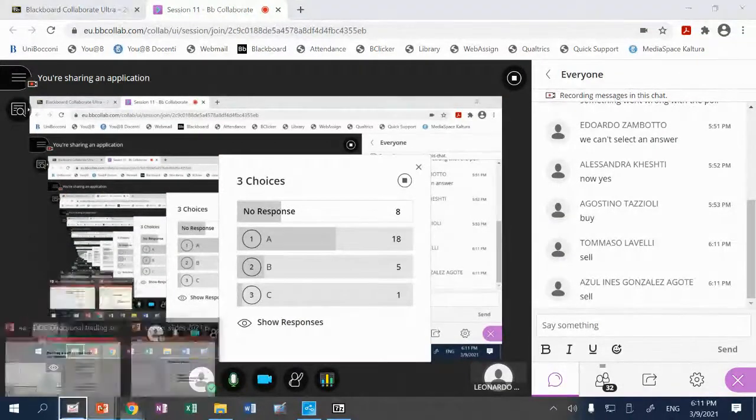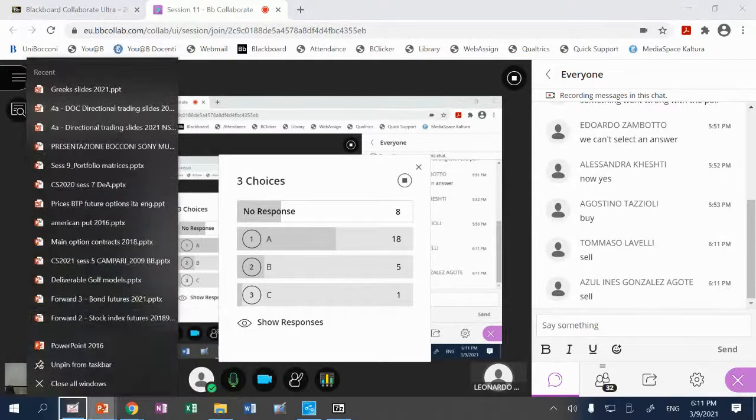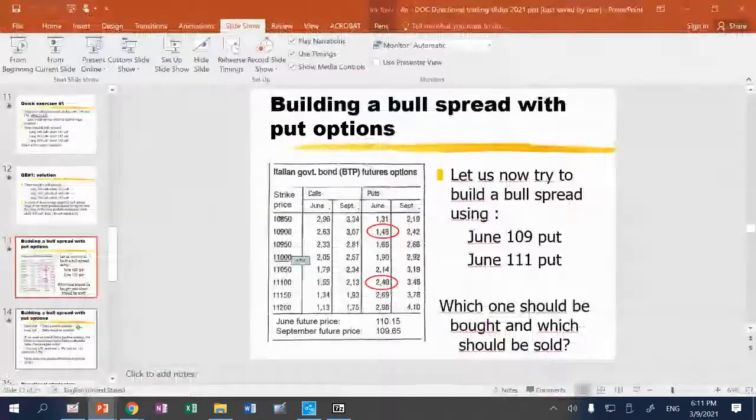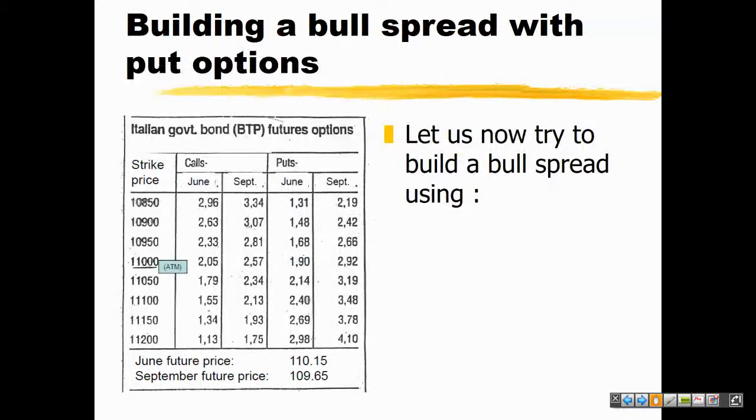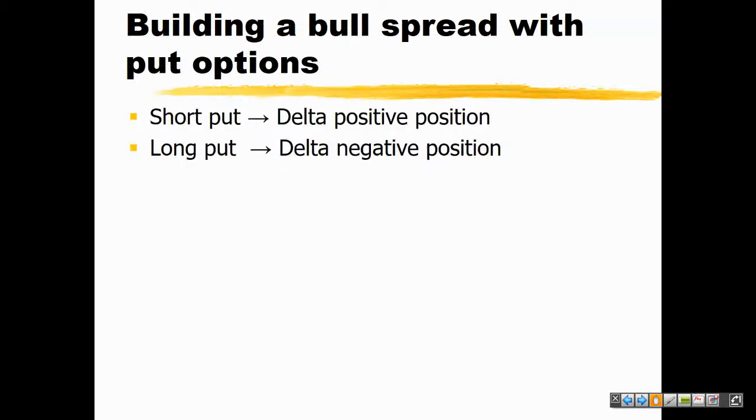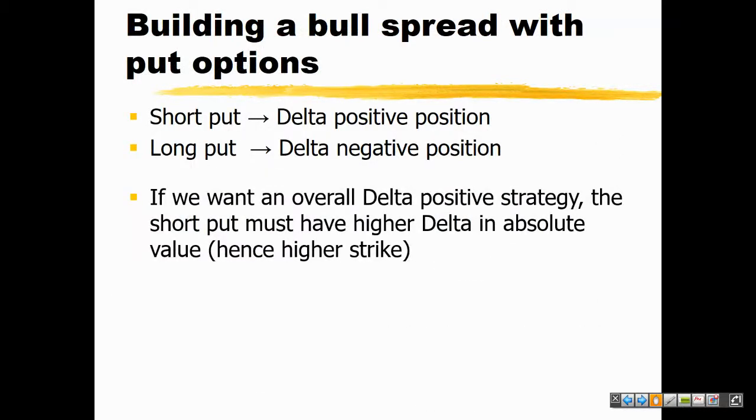Correct. What you must do is that you must sell. Because if you sell, exactly what you get is that you sell the position which has the higher delta in absolute value.